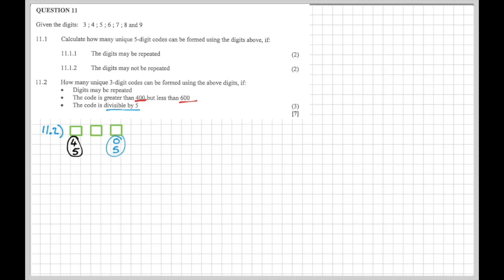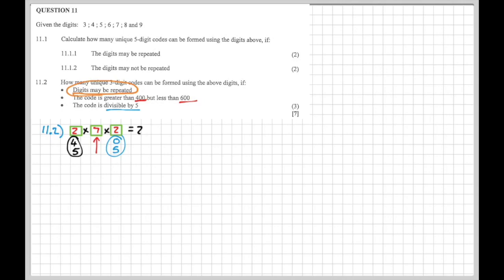So now let's look at the possibilities. In the first one, I have 2 options. In the last one, I also have 2 options. But now we ask ourselves, in that middle little block, how many options are there? And here you've got to be careful. Because they say that repetition is allowed, it means there are 7 options. So how many options are there now in total?